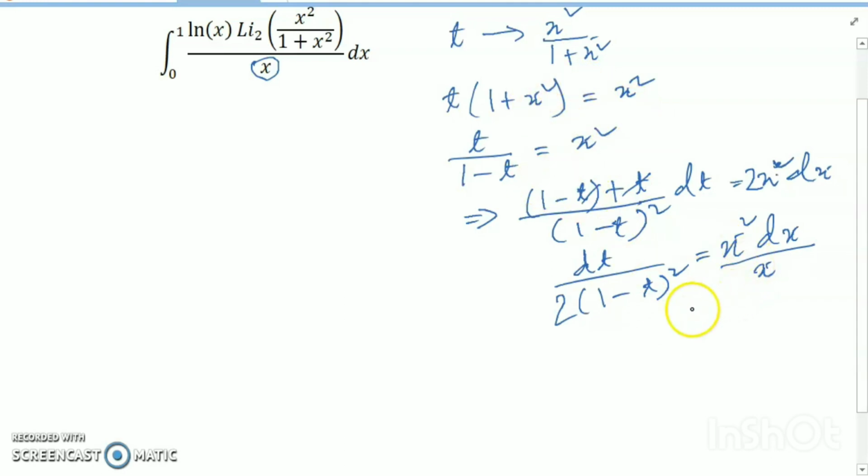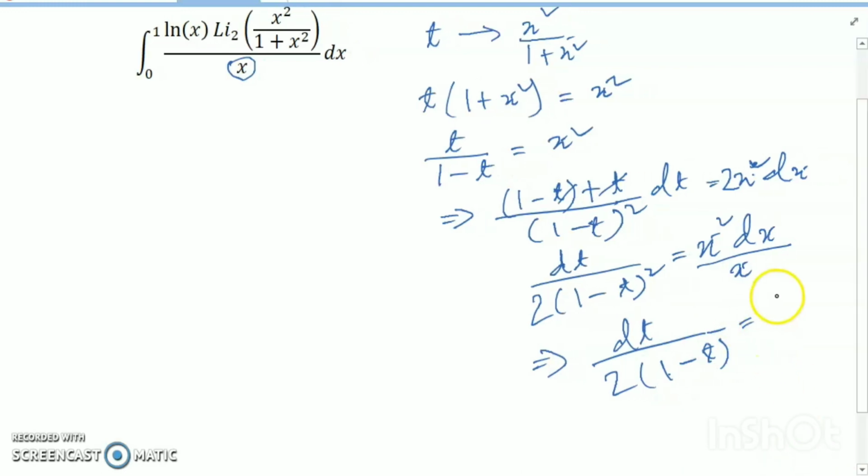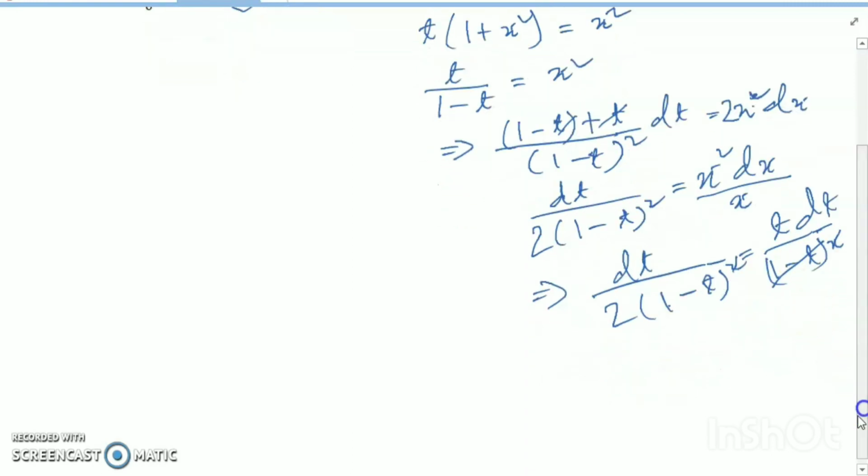What is the value of x square? x square is equal to t into 1 minus t. So I can write dt divided by 2 into 1 minus t, and x square is equal to t into 1 minus t. With 1 minus t whole square, one factor cancels, and t is divisible.